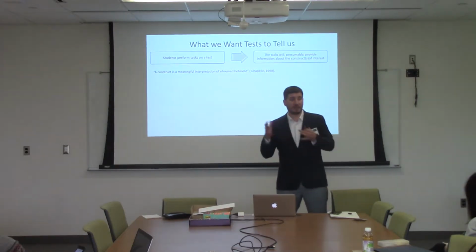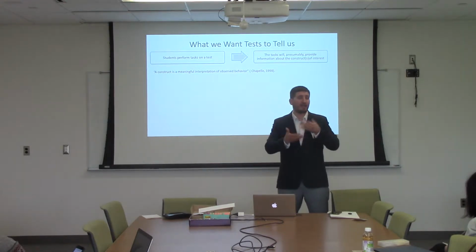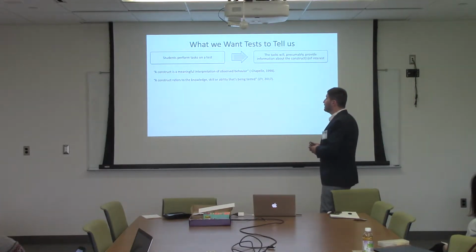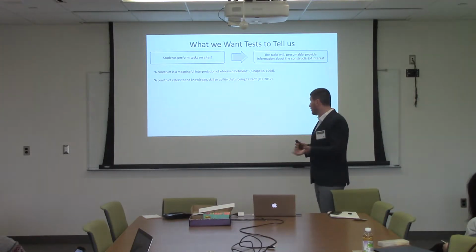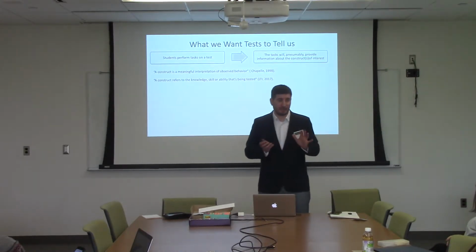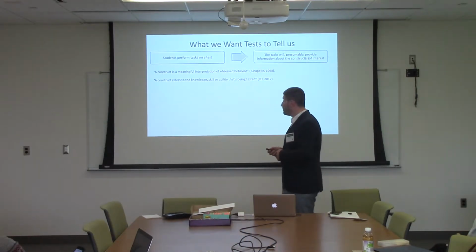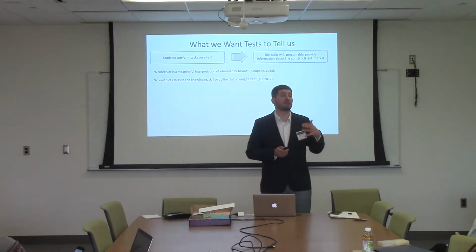You put a student in a test, you observe that performance, and whatever you interpret from that is what you're trying to tell about it. In more concrete terms, a construct refers to the knowledge, the skill, or the ability that's being tested. Is that clear? I'm not going to go into what it means in detail, but simply it is the skill, the knowledge, and the ability that we are trying to test.